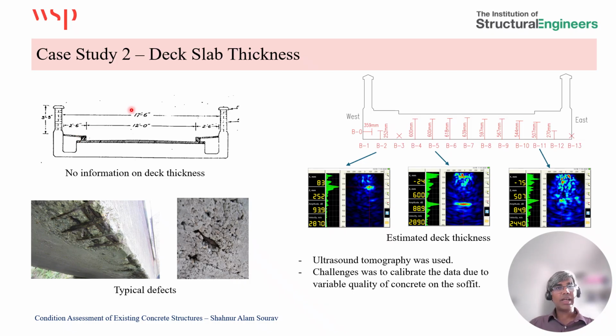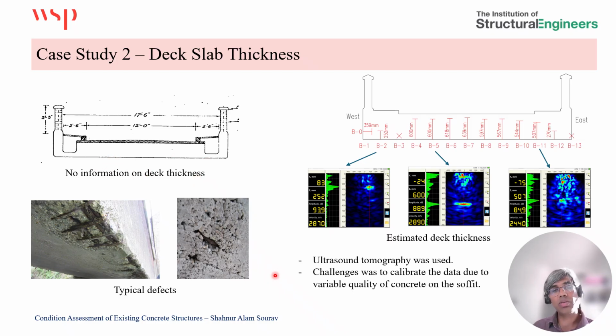So this is another case study. In this case, we determined the deck slab thickness using ultrasonic tomography. We did not have any information about the thickness of the deck. However, we had layout information on how the deck is supposed to be, and we determined the thickness based on the results of this ultrasonic tomography, which matched what we were expecting on site.